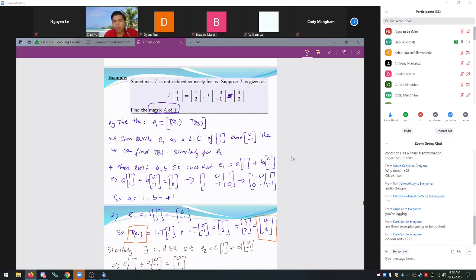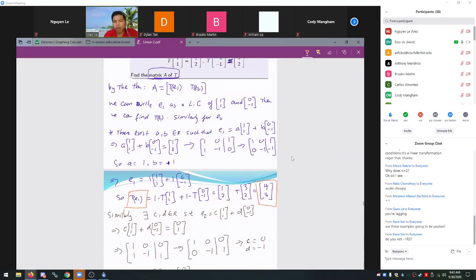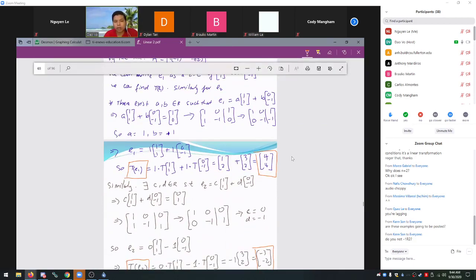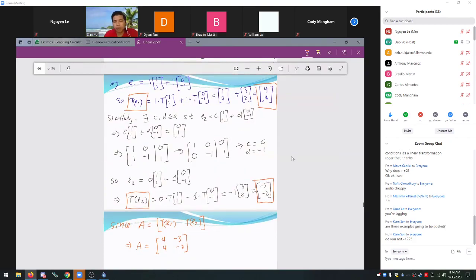That's the reason why we find how we can combine the given input together with the standard basis of R2. And then the same thing with E2. If we are able to find both the E1 and E2 transformations, then we can find the matrix A.